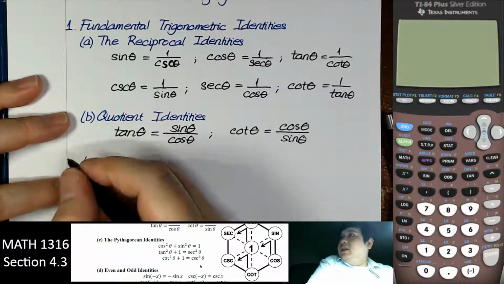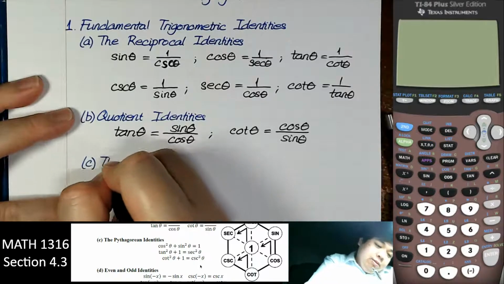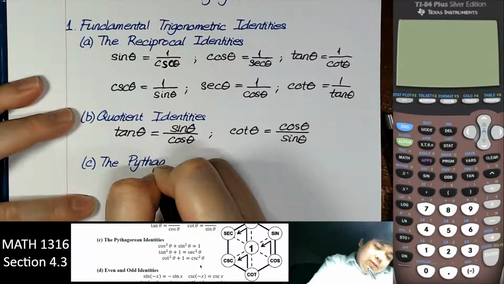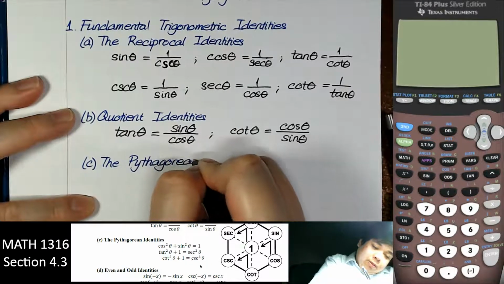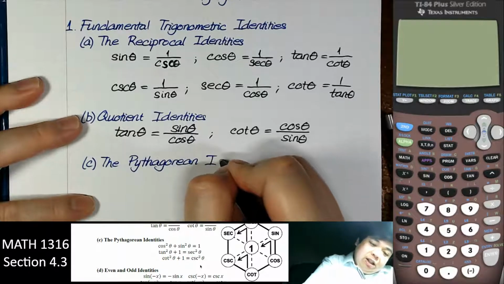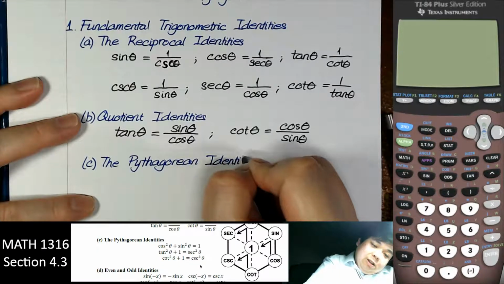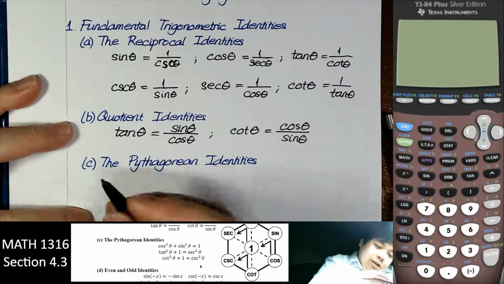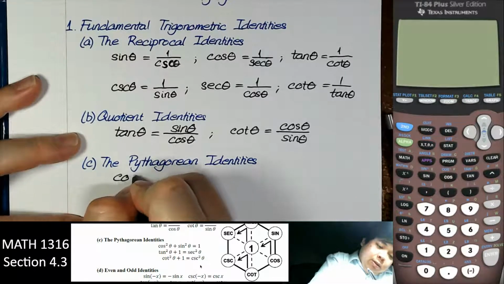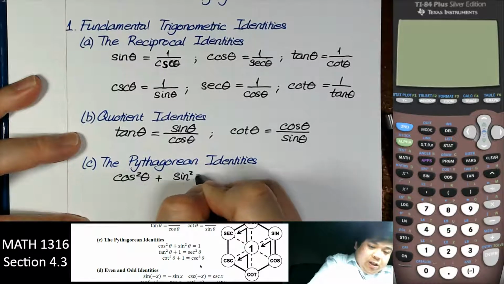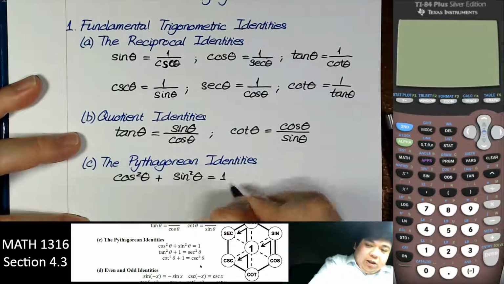C. Pythagorean theorem. The Pythagorean identities. Cosine square plus sine square is 1.